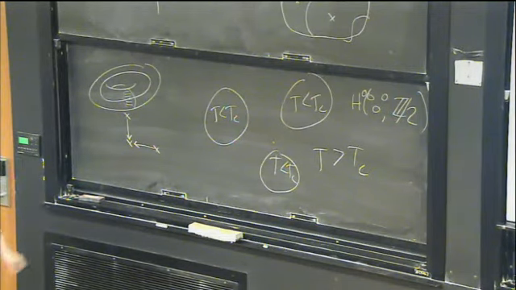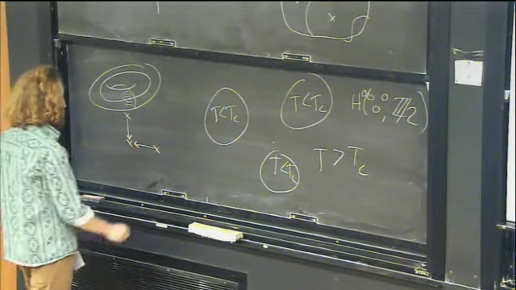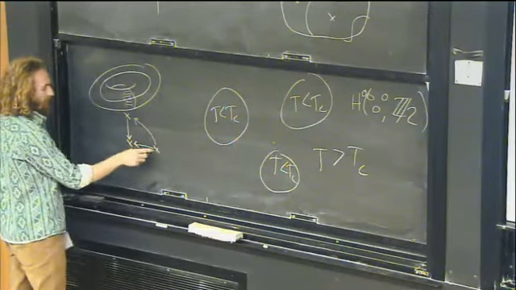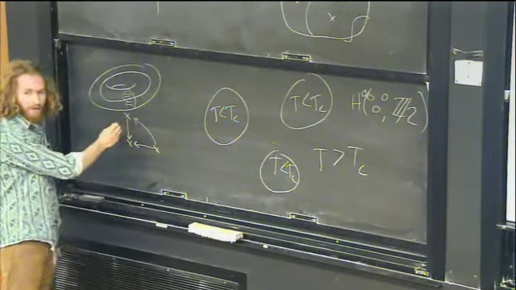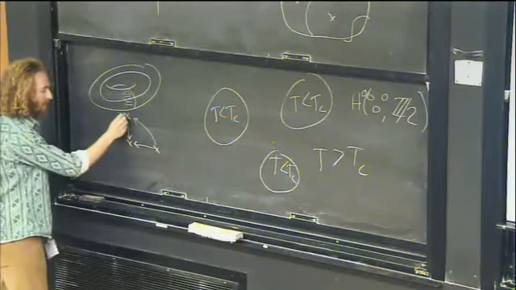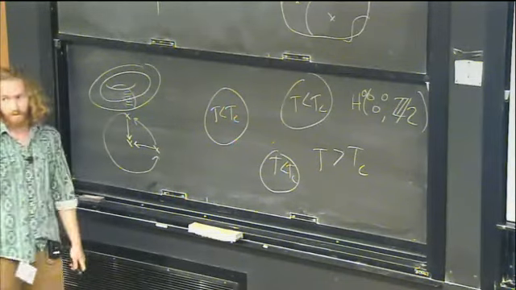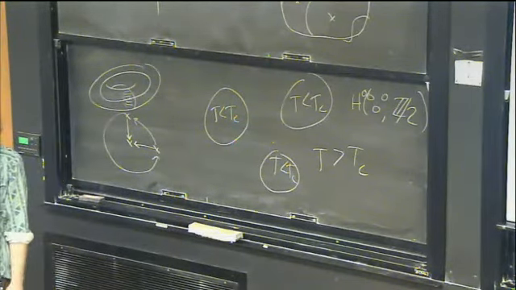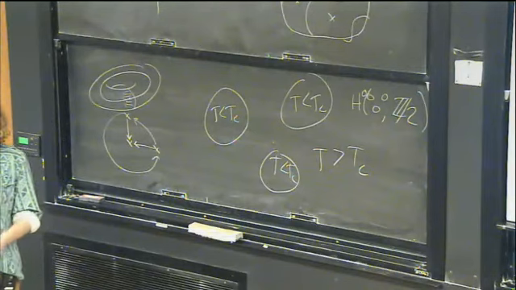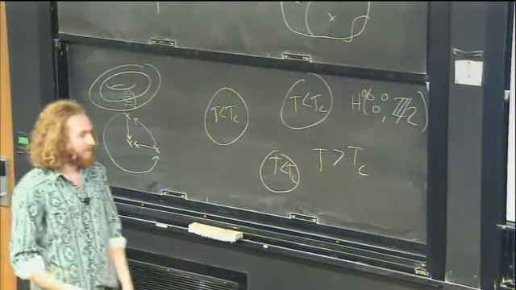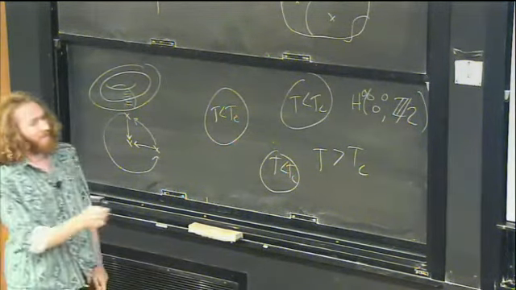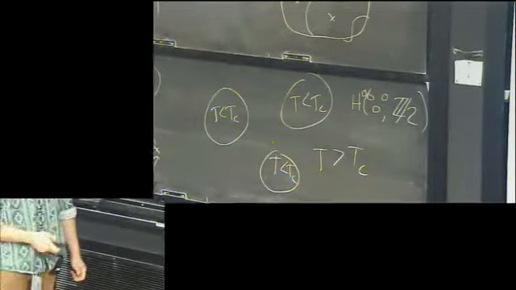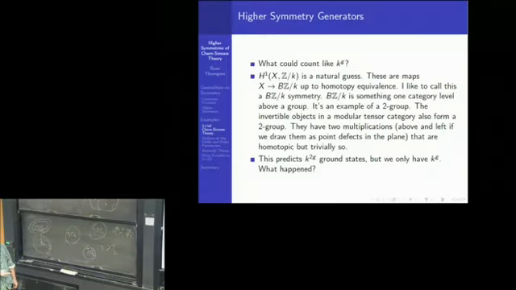These are the same multiplication. But let me remind you that when you go from one multiplication to the other, you really pick up a phase. And if you go all the way around, you pick up the braiding phase between these 2 quasi-particles. So they really are 2 distinct multiplications. They're homotopic, but not trivially so.